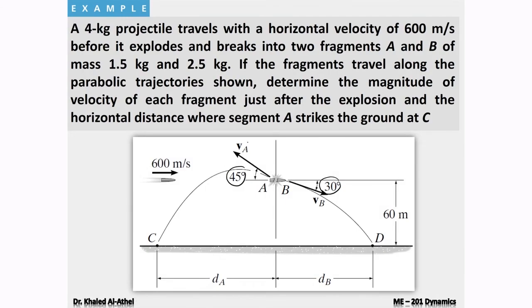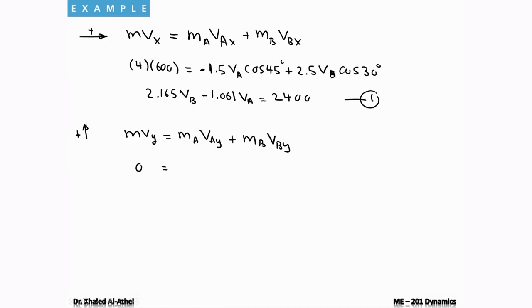Projectile A was moving upward, so it's going to be positive. B is moving downward, so it's going to be negative. So it's going to be MA, which is 1.5, VA sine 45. B is going to be downward, so it's going to be minus 2.5 VB sine 30.